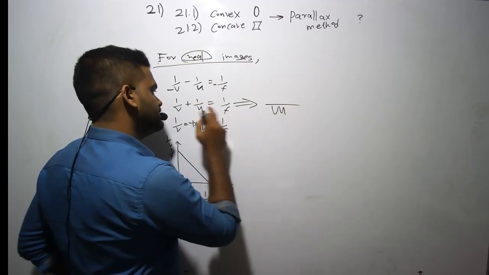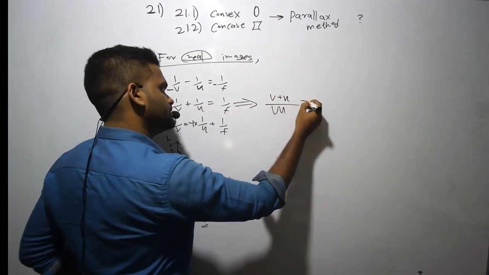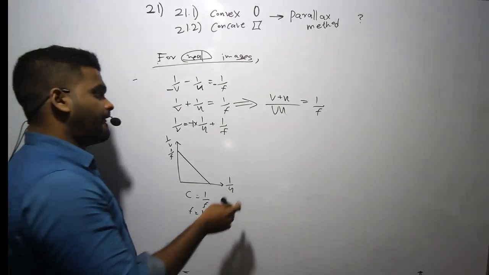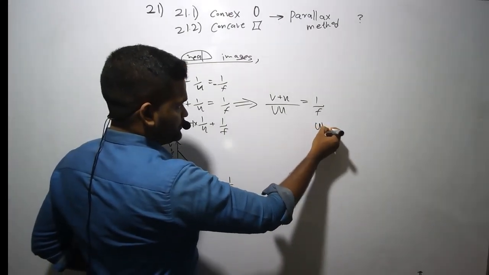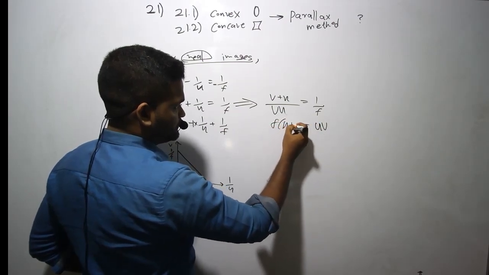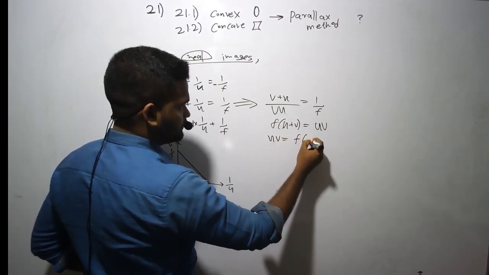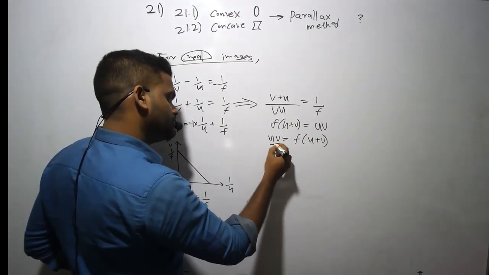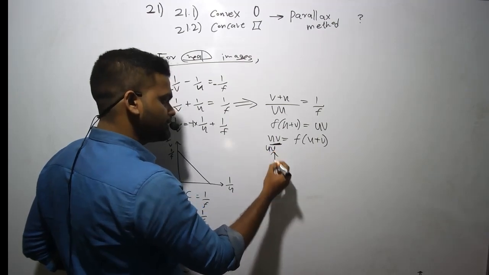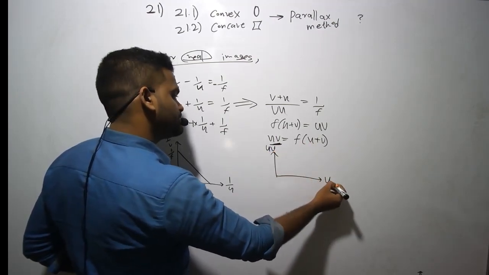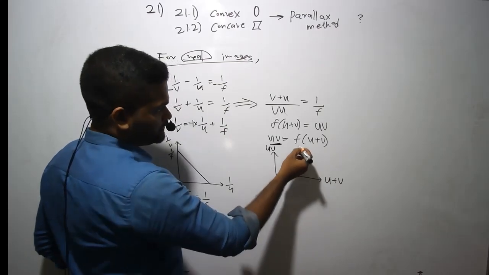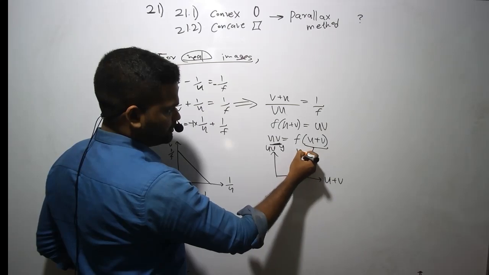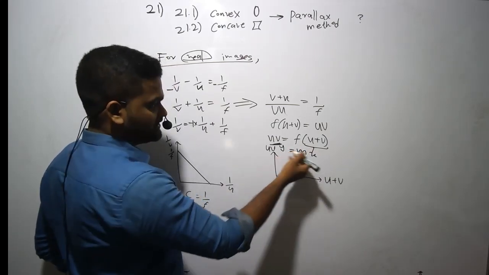So you can take VU as the denominator, then above it, it is V plus U is equal to 1 over F. So just cross multiply: UV equals F times U plus V. Then I'm going to use this UV as the dependent variable Y and U plus V as the independent variable X, and F is going to be the gradient. So it is a Y equals mx graph.